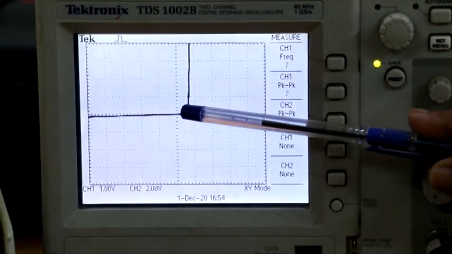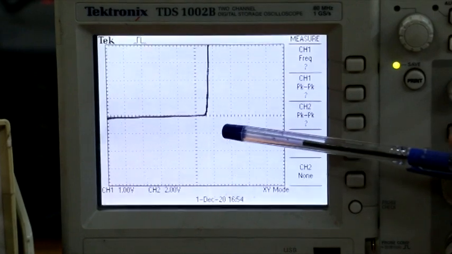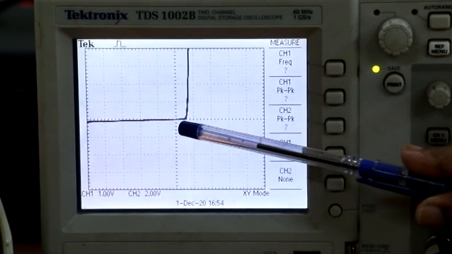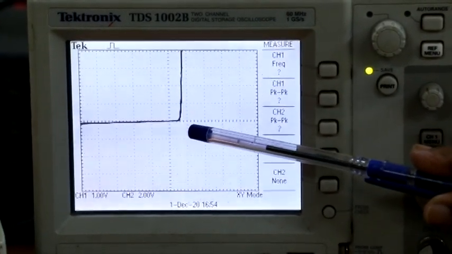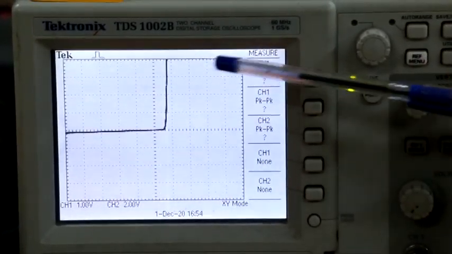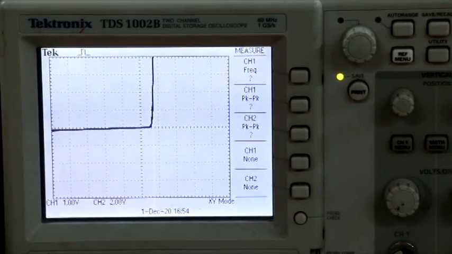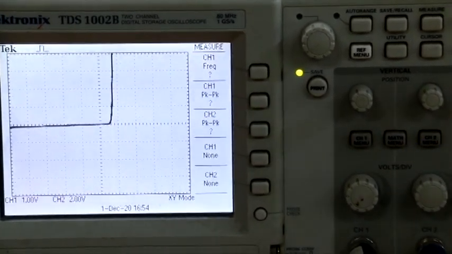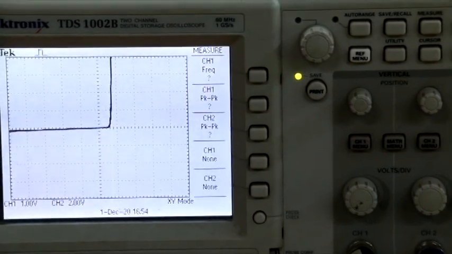This origin is right at the center, and you can see that till about 0.6 volt there is no conduction, and then the current shoots up. You can see that the slope, the line, is almost vertical. So this is basically how you plot the VI characteristics of a diode.